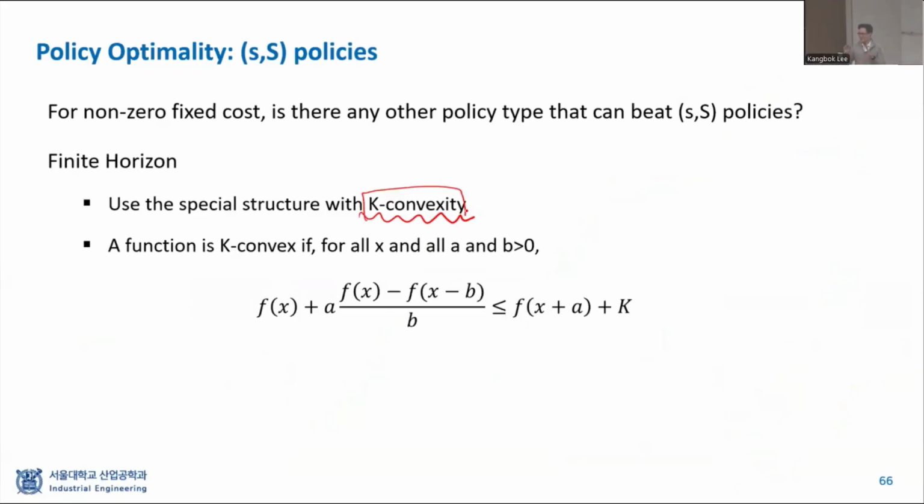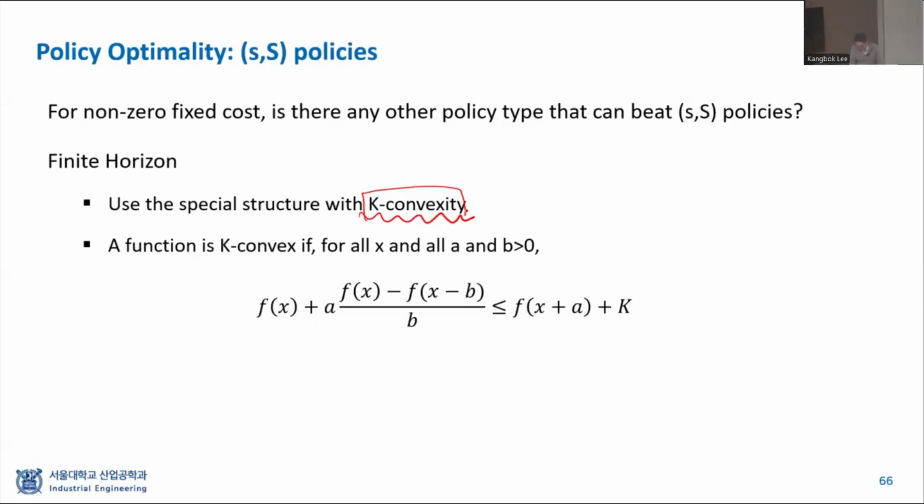In other words, convexity, concavity, first order conditions, most of the techniques are already there in mathematics, right? But K convexity is a special structure only observed for certain types of inventory problems. So it was derived or developed from the inventory context.